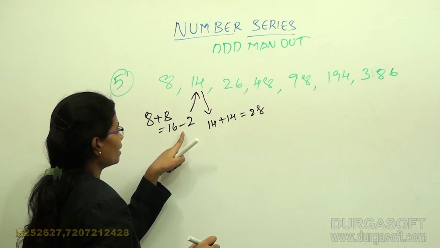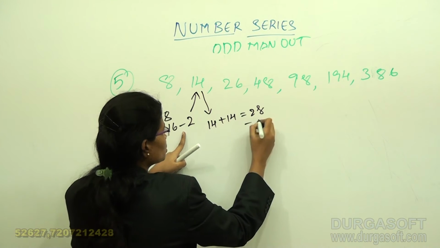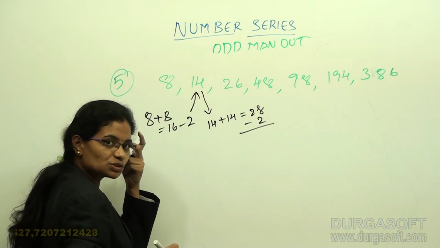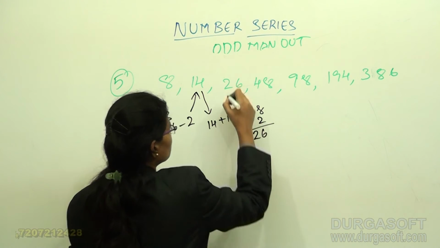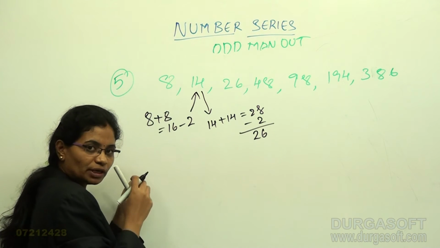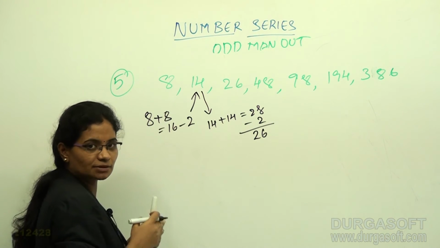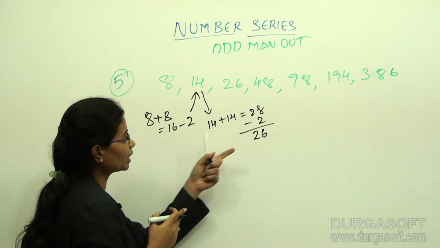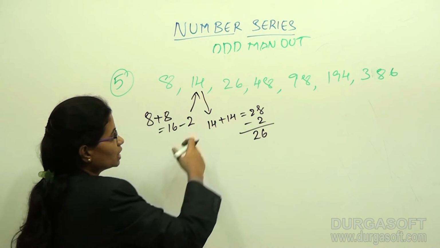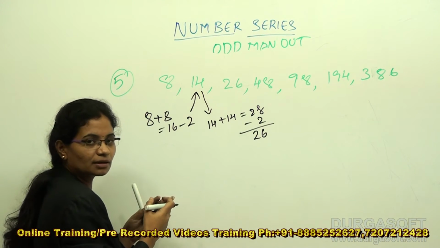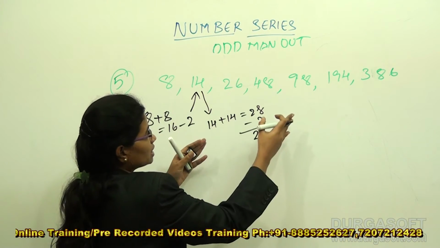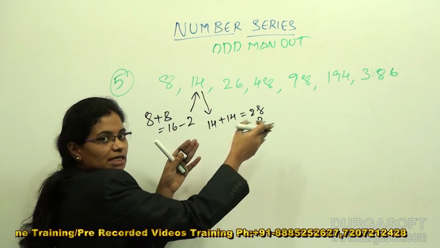From 28, I have to subtract 2. So if I do minus 2, I am getting 26. So this is correct. So only with the first 3 numbers, I am getting what the series is. So this is the method the series is following.